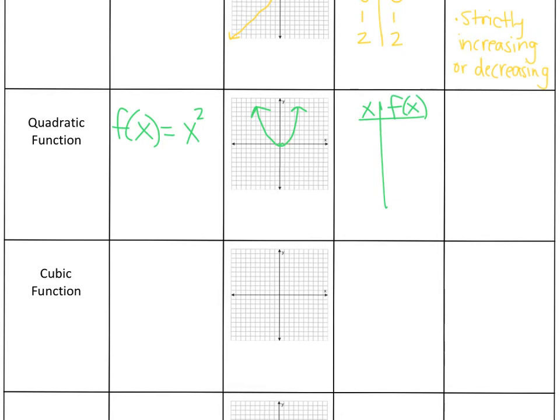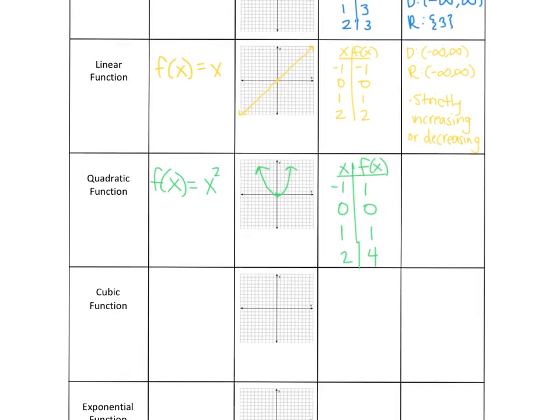But if we look at this, the negative values for the parent function end up positive, and the positive values end up positive, because you're squaring it. Of course, there are transformations that can make this function look different, but that's how it looks originally.